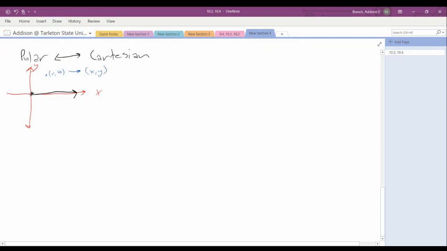Because we can essentially draw this as a right triangle from the origin. And then we can use our Pythagorean identities and our other trig identities to solve for x and y. So whenever we do this, we can discover that x is equal to r times cosine of theta, and y is equal to r times sine of theta.